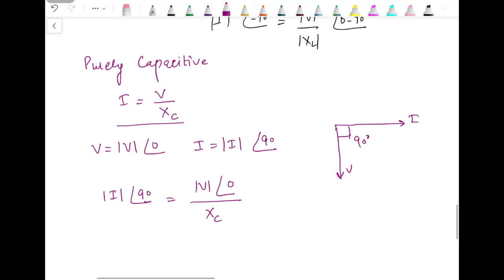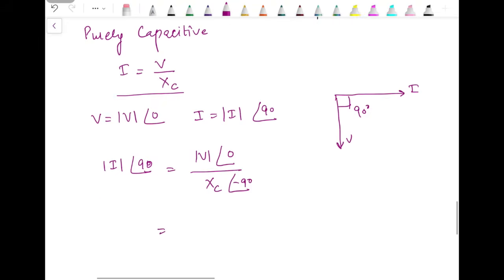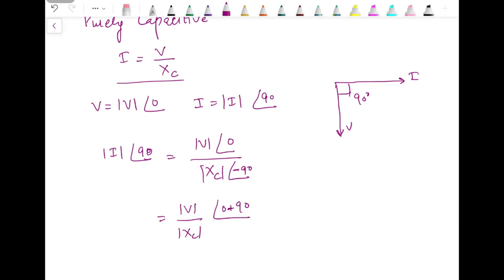So how does this 90 degree appear in this? Because this is there with XC as minus 90. So V angle 0 upon XC angle minus 90, so 0 plus 90, because this angle will get subtracted. So minus minus plus, plus 90. Now angles are same on both sides.